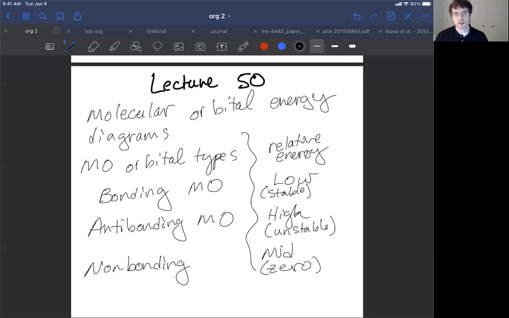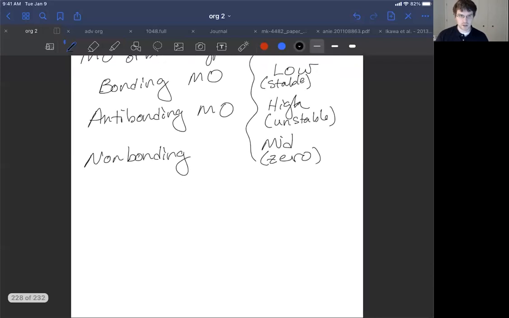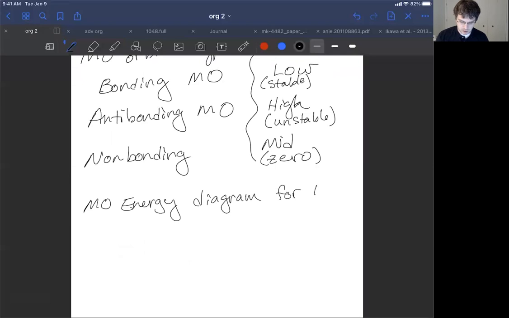Okay, so what I want to do is take these ideas into account and build a molecular orbital energy diagram for H2. The molecular orbital energy diagram for H2 is going to look like this.